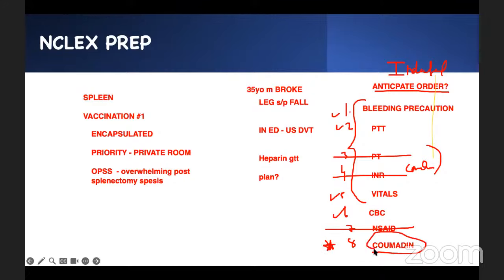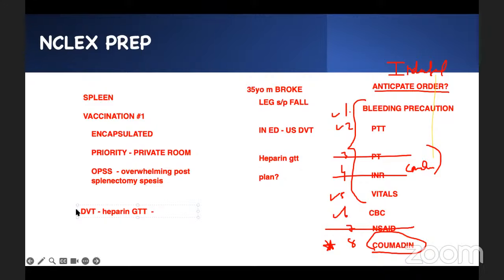Who thinks this patient will need Coumadin? Rabira said yes. So when you have DVT, we'll put you on heparin. Heparin drip, you can't go home with that.